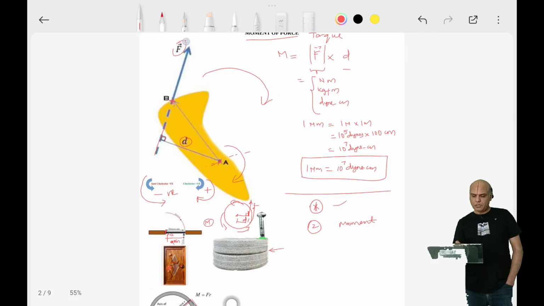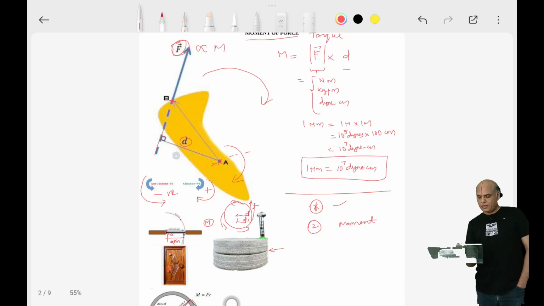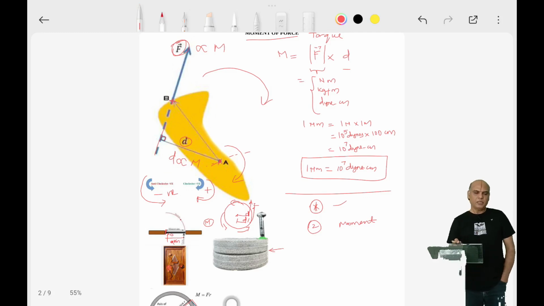So moment of a force depends on the magnitude of the force, that is, greater the force, greater the moment, directly proportional. Then greater the distance or the arm of the moment, greater would be the moment. So these are the two factors on which the moment of a force depends. Then another point is the point of application of force.